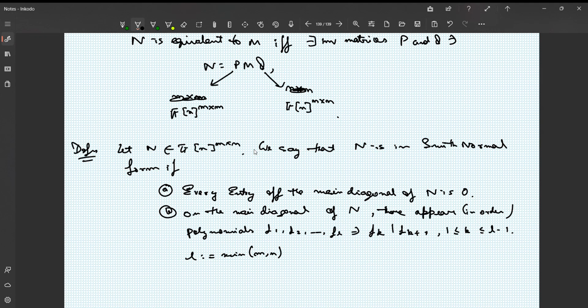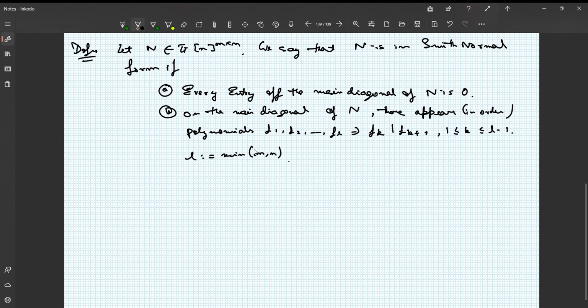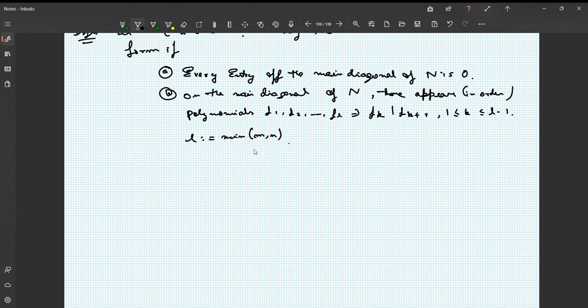What is this l? l is the minimum of the number of rows and columns, and the main diagonal entries are fk. We can also consider that to be nkk. That's not much problem. So this is the definition of a Smith normal form, to be precise.